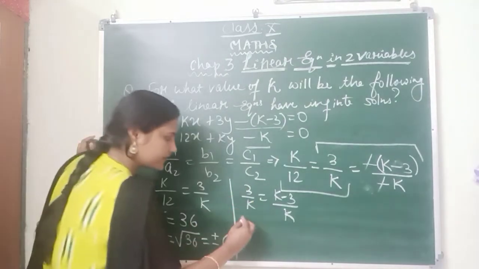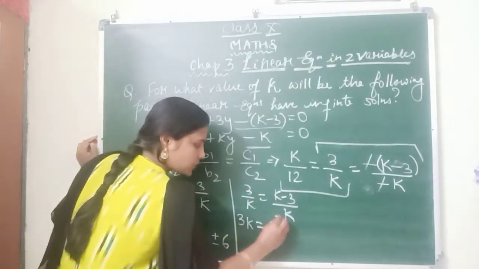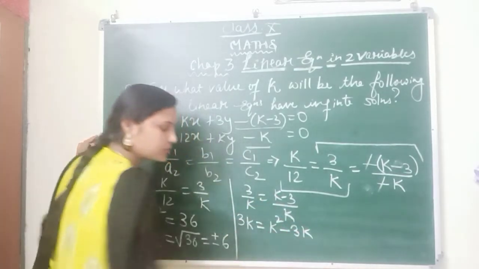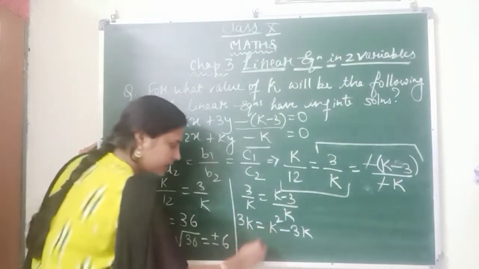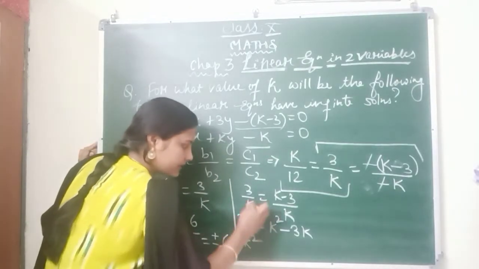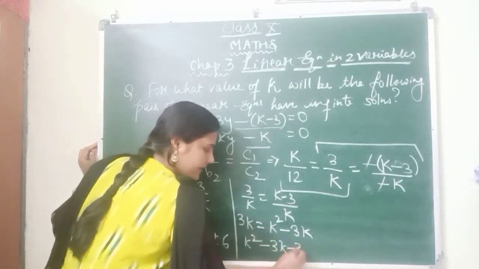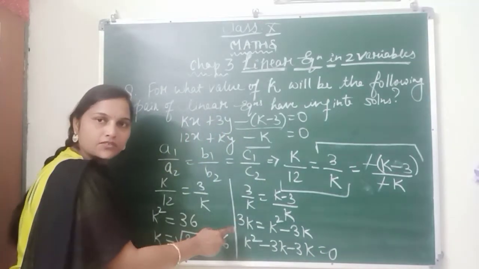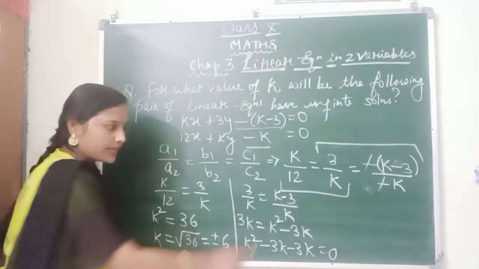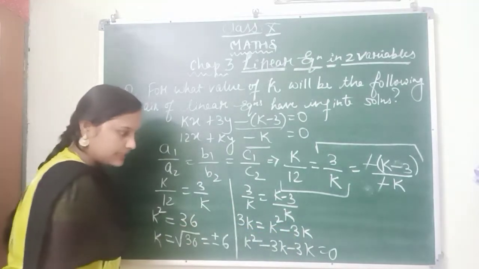Okay, now let us solve the other one. Cross multiply: 3k equals k into (k minus 3), that is k square minus 3k. Then this 3k will shift, so k square minus 3k minus 3k equals 0. I am shifting the left hand side 3k to the right hand side, so k square minus 3k as it is, and this plus 3k will become minus 3k.